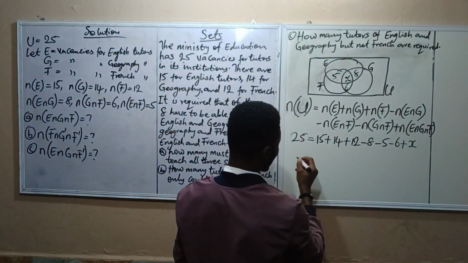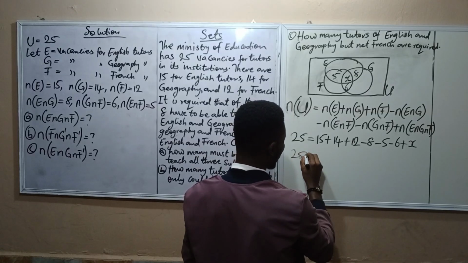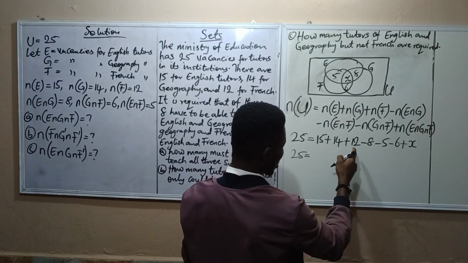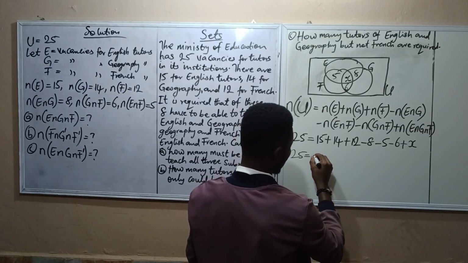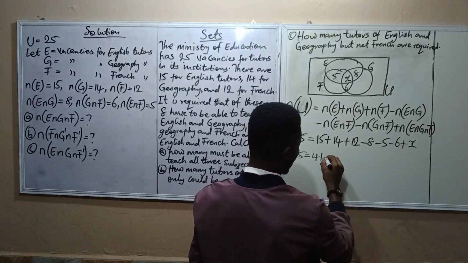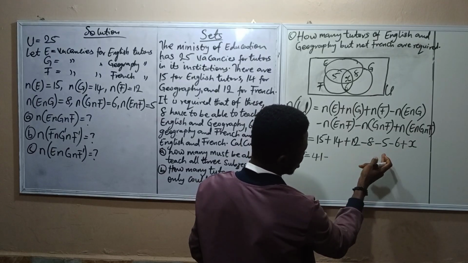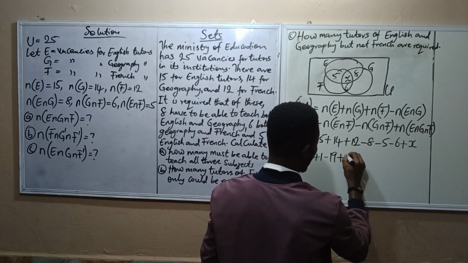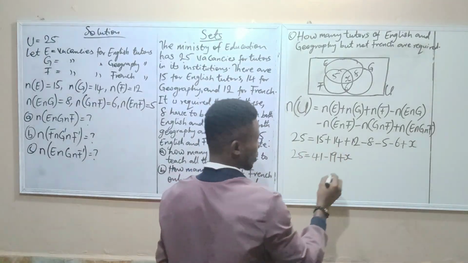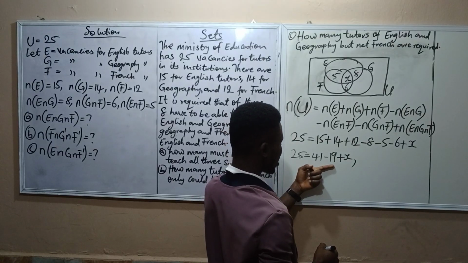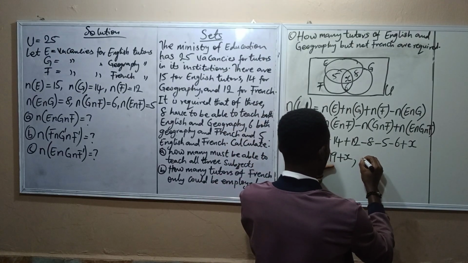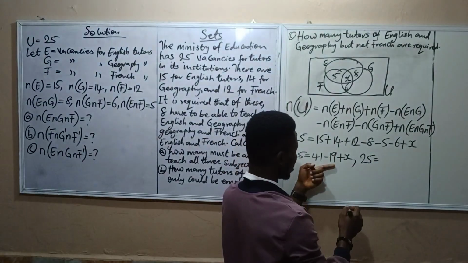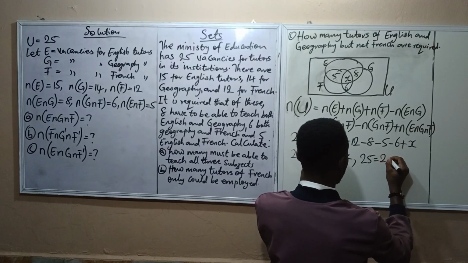Now let's add. 25 is equal to 15 plus 14, which is 29. 29 plus 12, that is 41. Then minus 8 plus 5 plus 6, which is 19, then plus X. Now this is equal to 41 minus 19, which is 22.